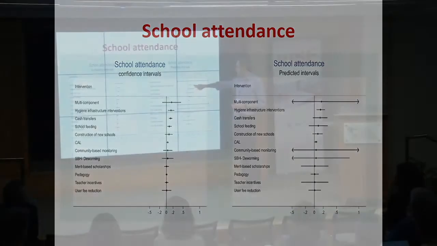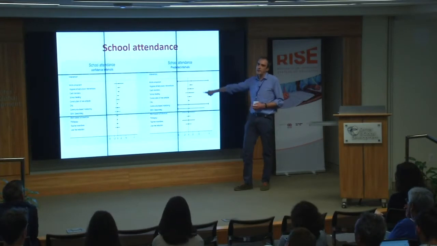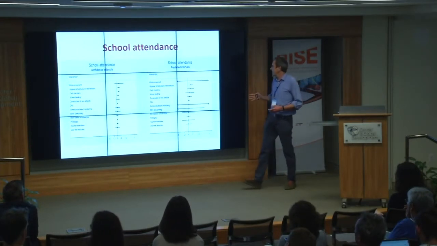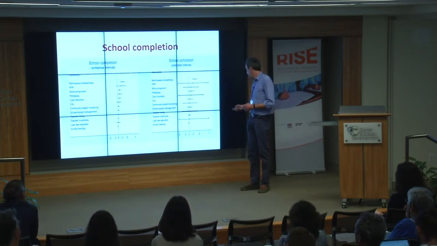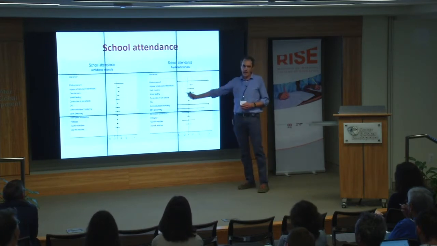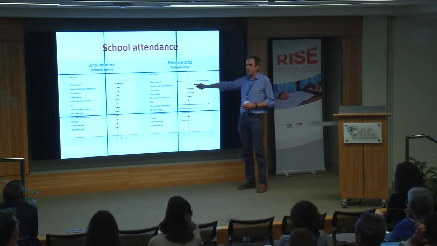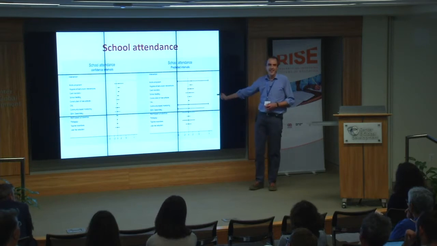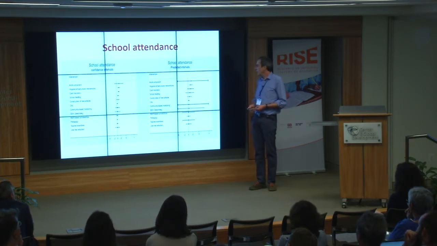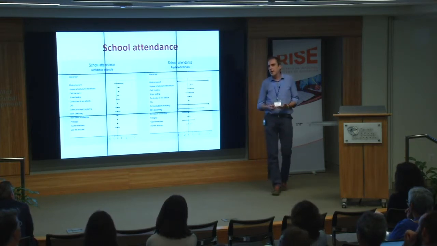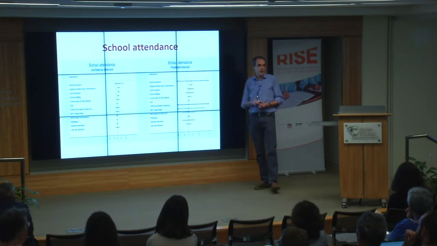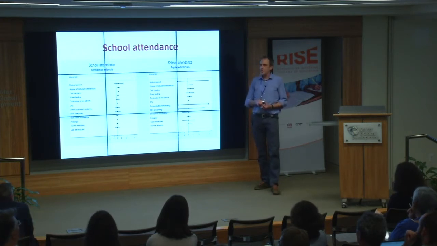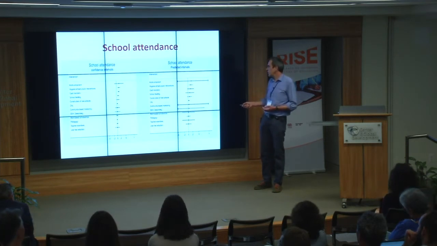There is only one case, this one, where you still have a range of effects not crossing the zero line. But the reason is that there are only 3 studies in this category, so you cannot calculate the variance between studies because the number is too small. Of course, it also raises the question of whether it makes sense to calculate an average of 2 or 3 studies, and maybe they should be analyzed separately. It would be more informative.